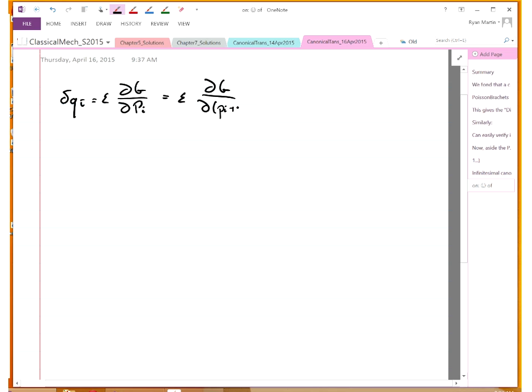But now instead of capital Pi, I'm going to say that capital Pi was equal to lowercase pi plus a delta pi, right? That's the transformation. So capital Pi is almost equal to lowercase pi, it's just lowercase pi plus delta lowercase pi. So the derivative of g with respect to capital Pi is almost equal to the derivative of g with respect to lowercase pi. That's a little bit nasty.